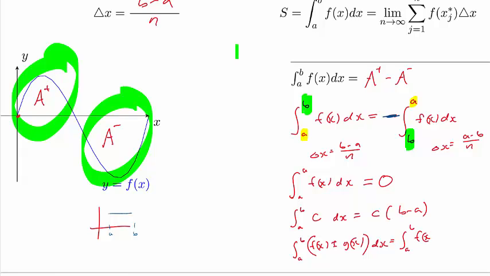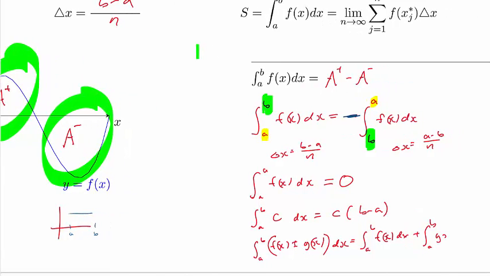You take the integral of the first guy, and then you plus the integral of the second guy. Same bounds. Right? It goes to each of them.